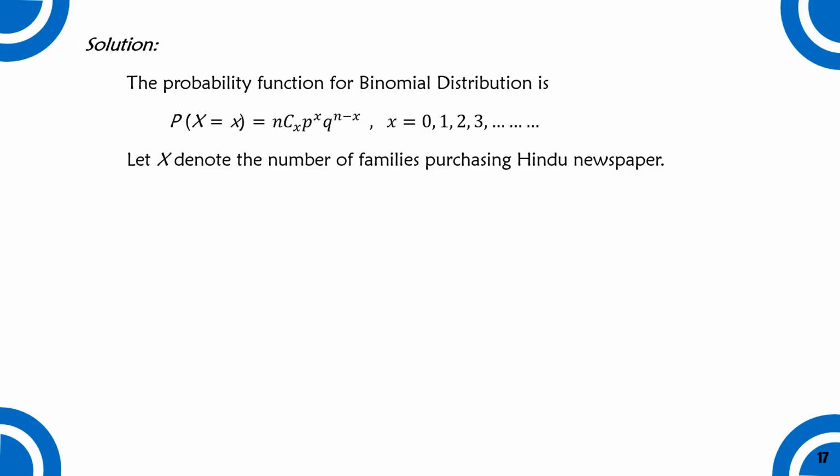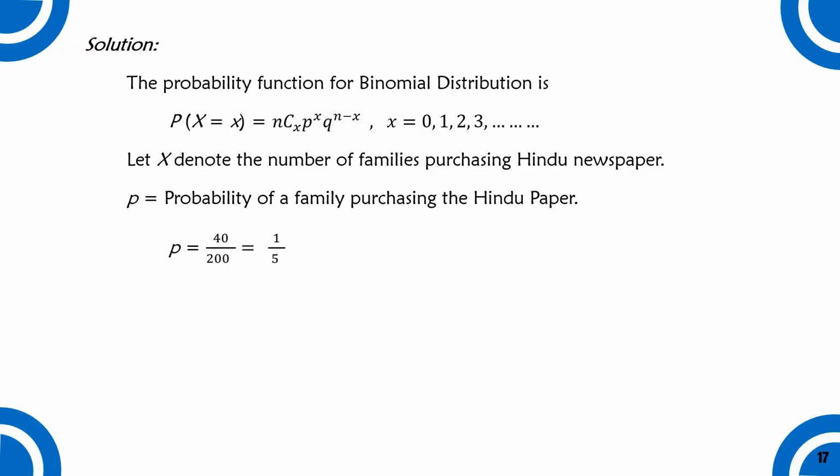P equal to probability of a family purchasing the Hindu paper. P equal to 40 divided by 200 equal to 1 by 5.